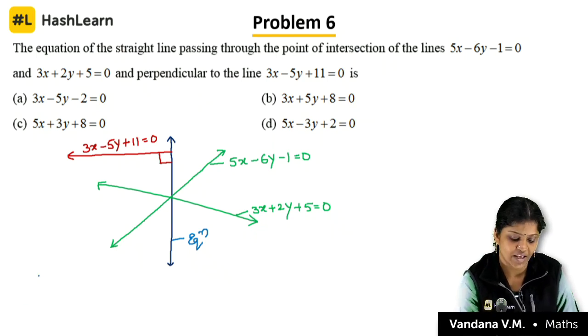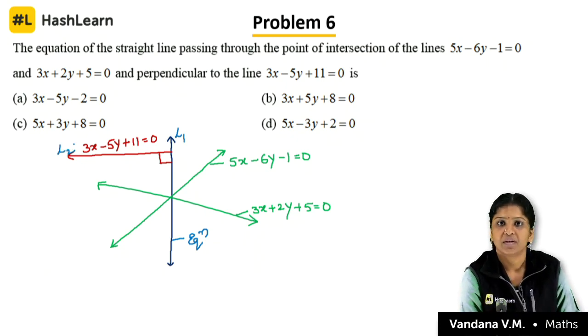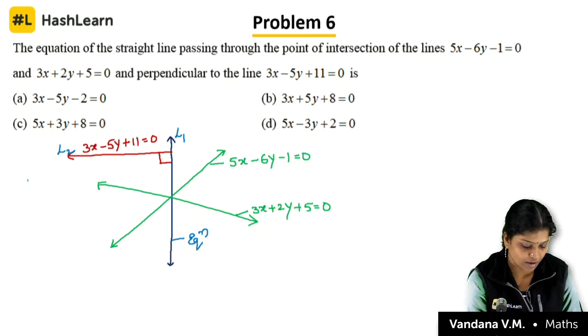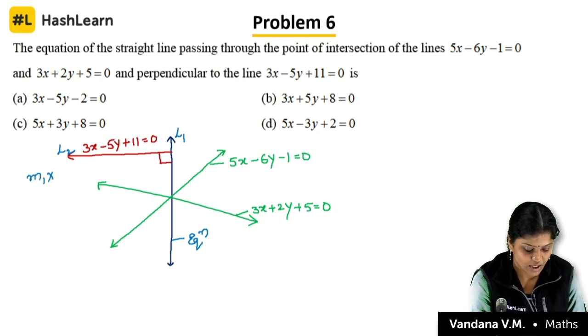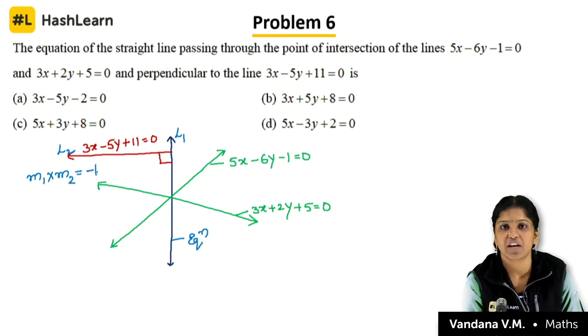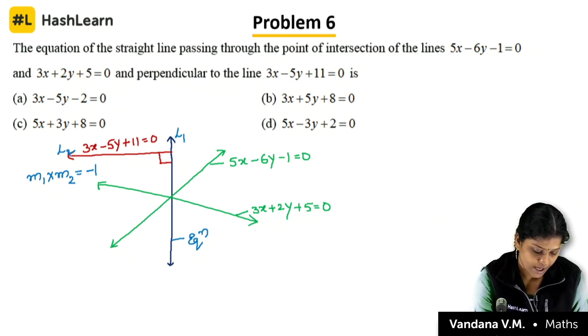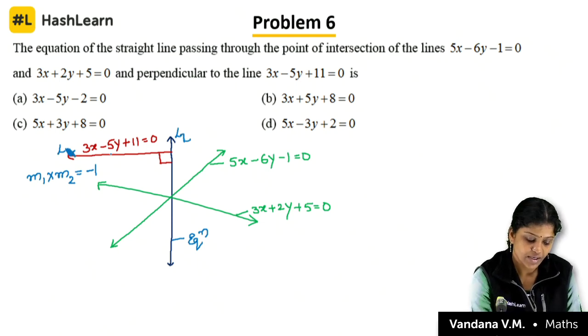Now, whenever they said these two lines are perpendicular, say L1 and L2, when the lines are perpendicular, the product of the slopes must be equal to minus 1, isn't it? So, I can easily find out the slope of the line. First find out the slope. I will take this as L1 because first I want that, M1.